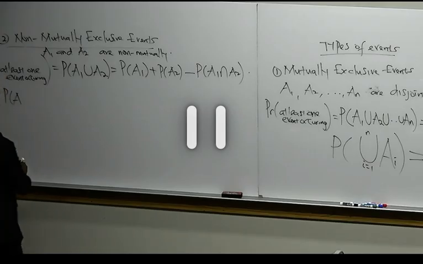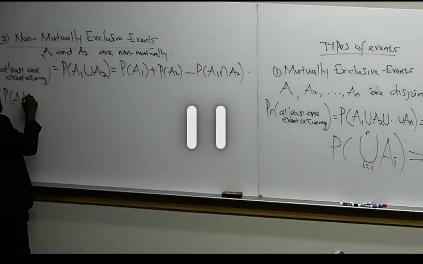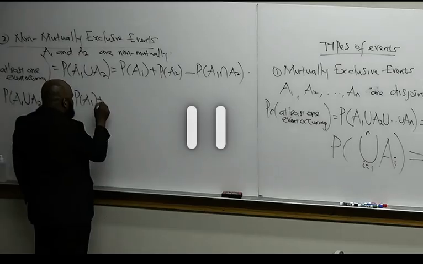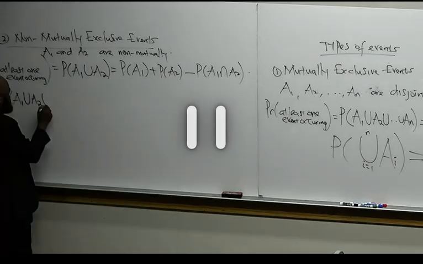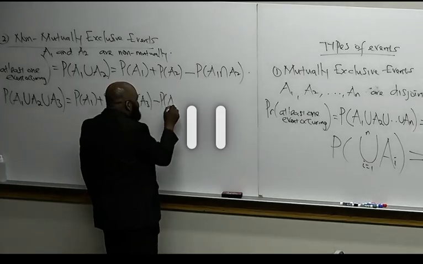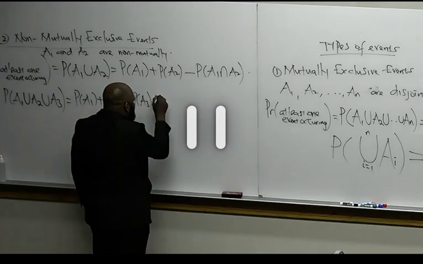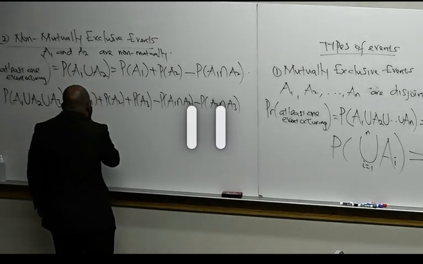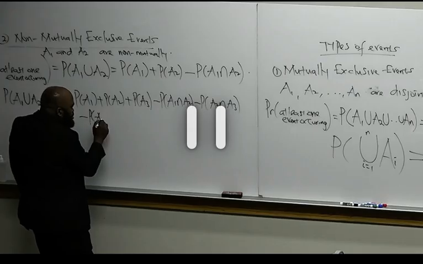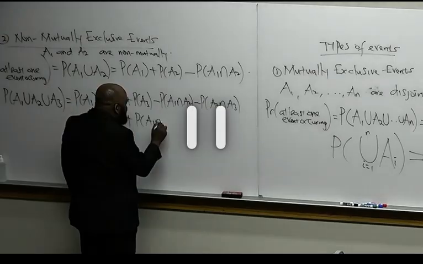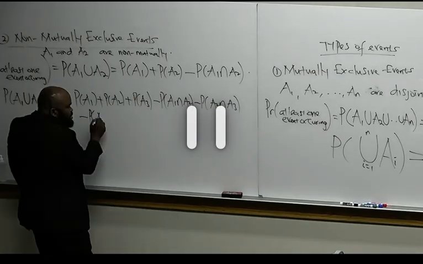So this is going to be the probability of A1 union A2 union A3 equals the probability of A1, plus the probability of A2, plus the probability of A3, minus the probability of A1 intersect A2, minus the probability of A2 intersect A3, minus the probability of A1 intersect A3, plus the probability of A1 intersect A2 intersect A3.